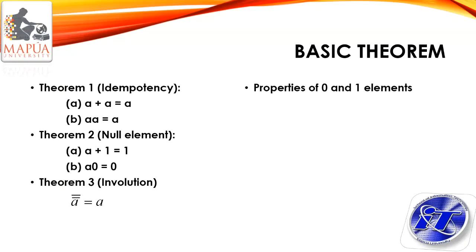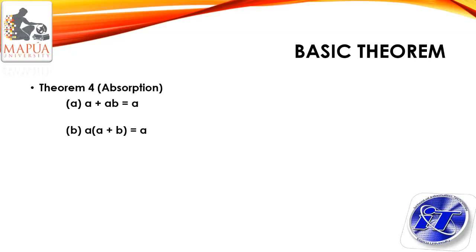Theorem 4, absorption. A plus AB is equal to A, and A ANDed to A plus B is equal to A. So how could we determine when to use theorem number 4? It involves two terms, with the number of variables not equal.